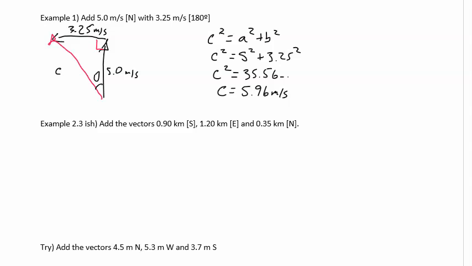Now, this angle here, starting from the tail of the first vector I drew towards the resultant is how you're going to put that angle in. And so this is the angle we're going to use.